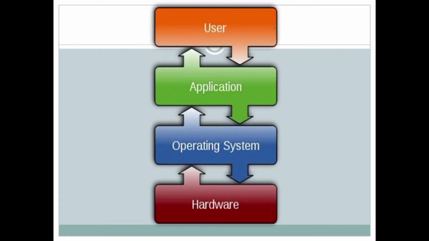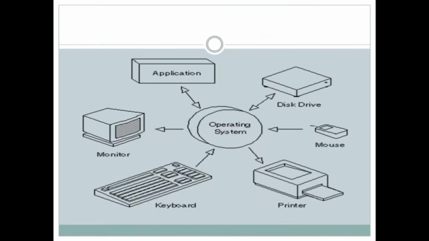So the operating system works as an interface between the computer hardware and the computer user. The operating system can manage all the application software, disk drives, mouse, and all the peripheral devices connected to the computer system.